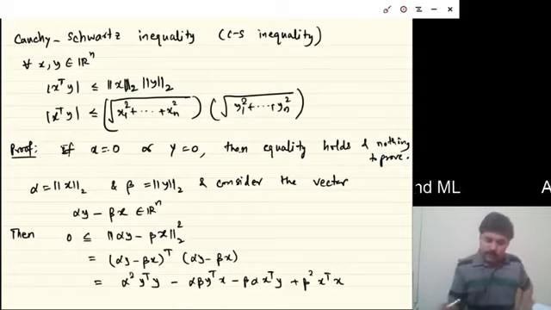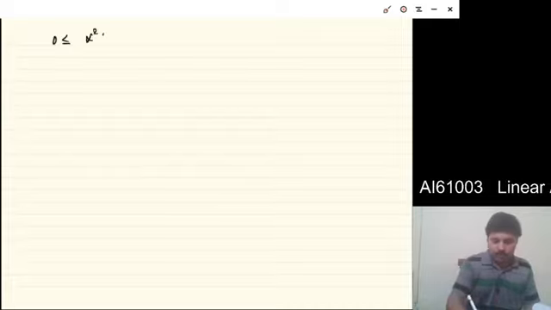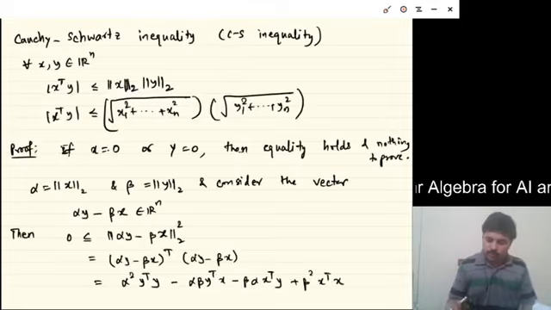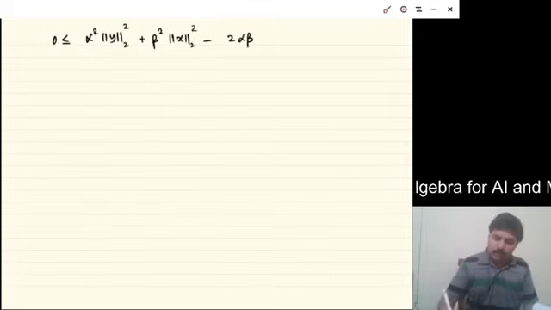And if I rearrange these terms properly, what is it that I am getting? 0 less than or equal to alpha square norm of y square plus beta square norm of x square minus 2 alpha beta into x transpose y.